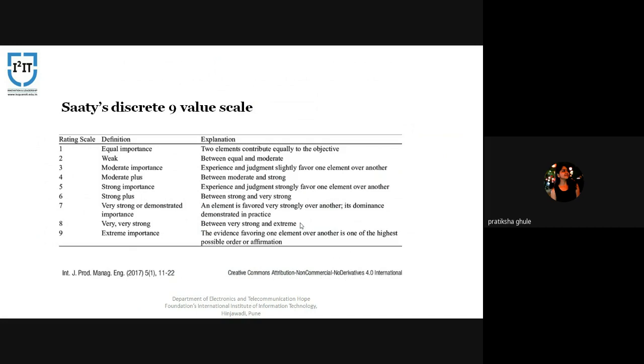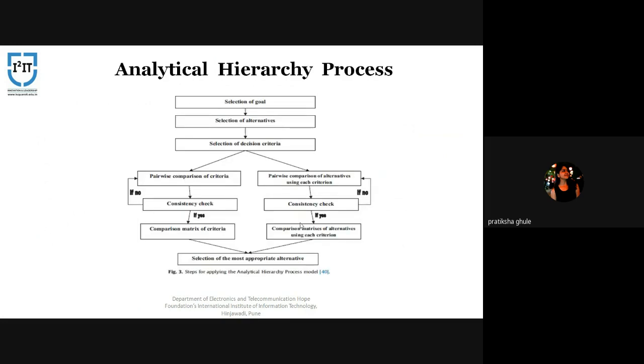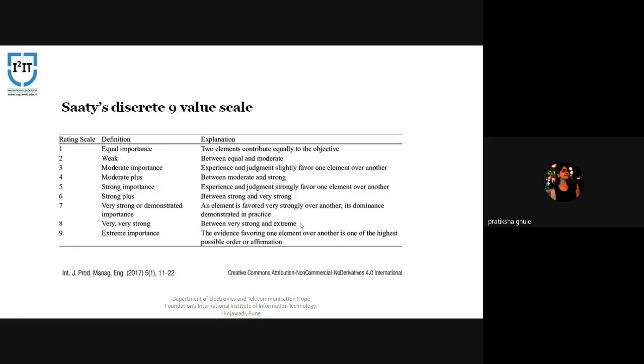Here we can see the rating scale from 1 to 9, and the equivalent definition for each scale value. If the rating is 1, it means equal importance between the pairwise comparison. So when we compare the criteria or alternatives, we take the help of this rating scale, scaling them on the basis of this Saaty discrete 9-value scale.